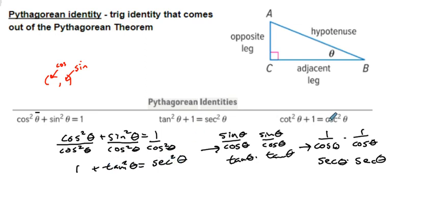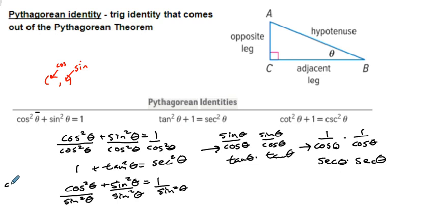Now we're going to do the same thing with our starting Pythagorean equation, and instead of dividing through by cosine, we're going to divide through by sine squared. So we're going to go sine squared, and then sine squared. Now we can go a little faster with this one, because it's going to do the same thing. Cosine over sine is cotangent, so cosine over sine theta equals cotangent theta.